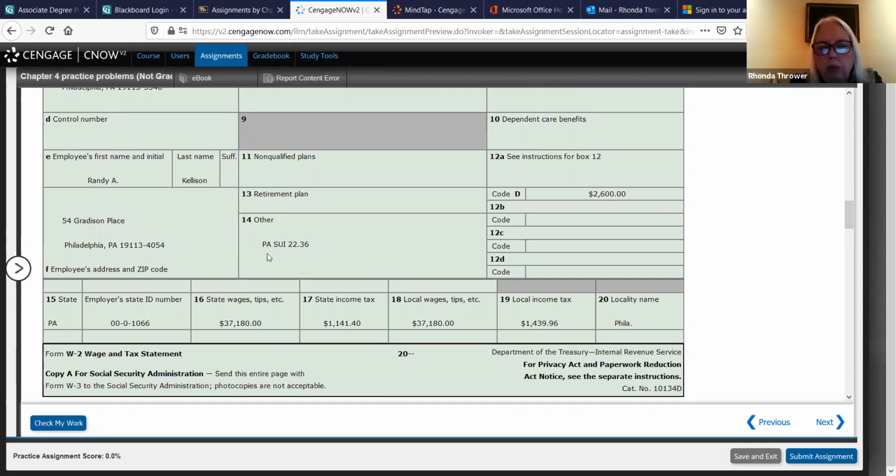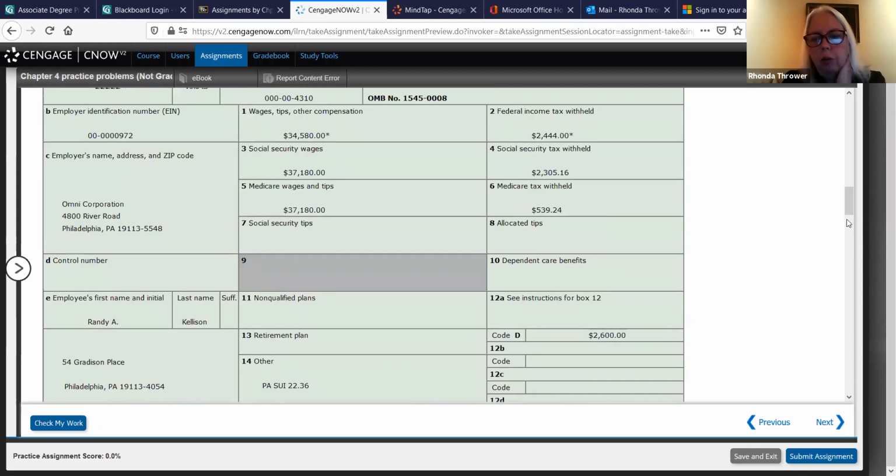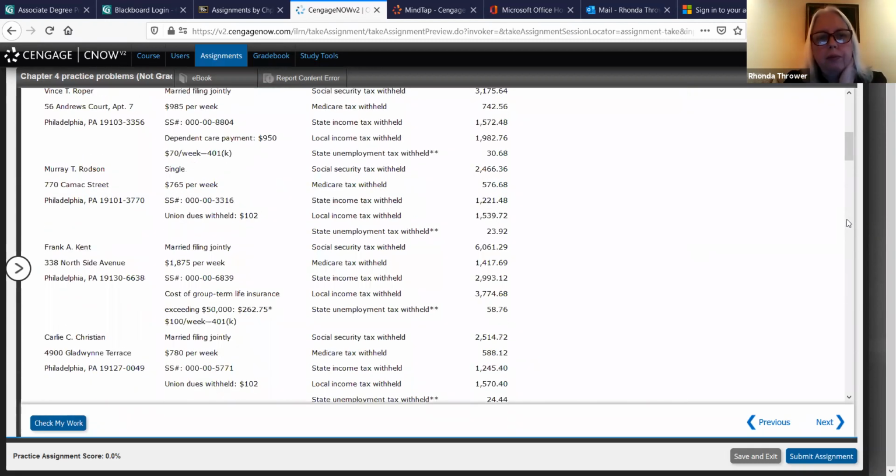And you'll notice that they've written in here, Pennsylvania, PA, the state unemployment taxes that were withheld for this person were $22.36. In this chapter, they don't teach you how to calculate the state unemployment tax. That's coming in the next chapter. But they gave you this amount, and you have to record it on the W-2 form because it was a deduction from the employee's pay.